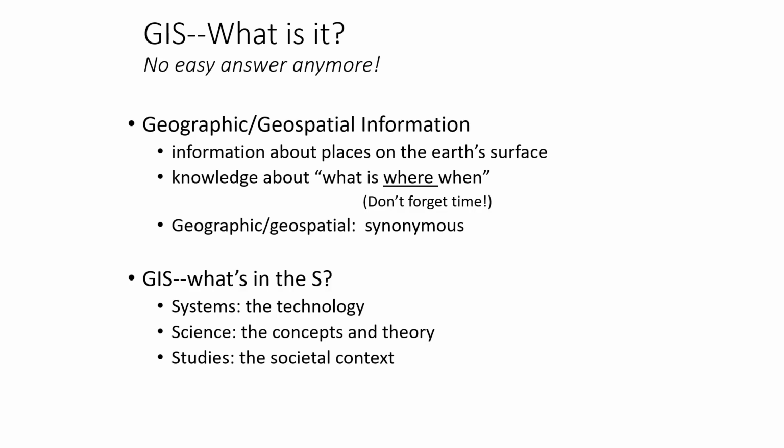So we are speaking about geographic or geospatial information about different places and features on the Earth surface. The goal of every GIS software is to prepare useful knowledge: what is, where, and when.